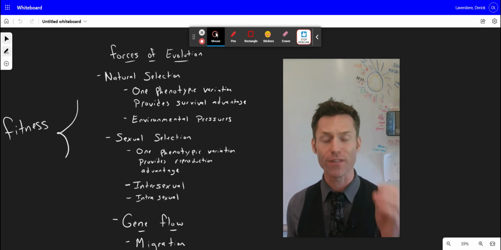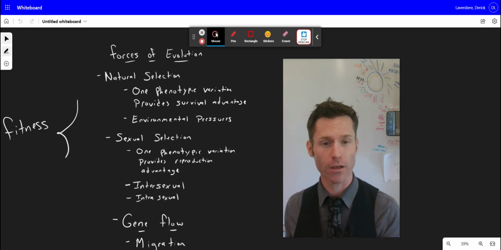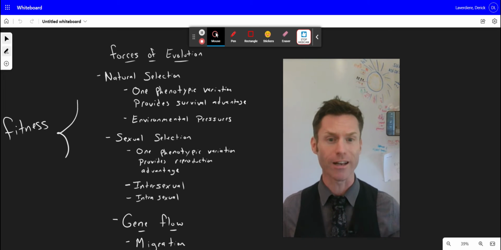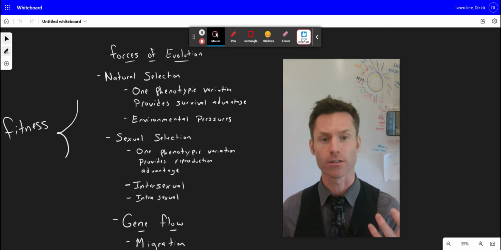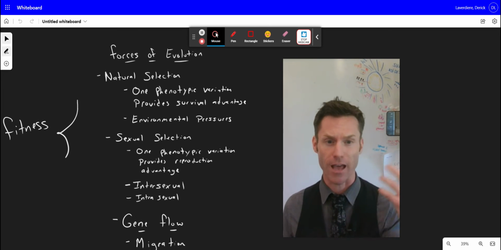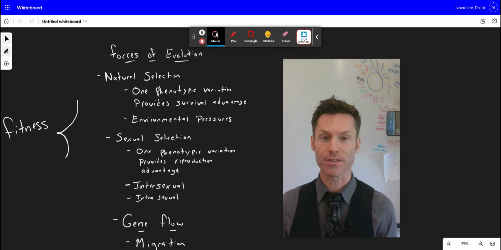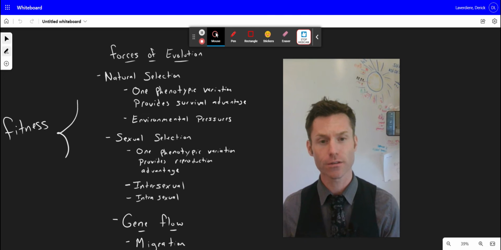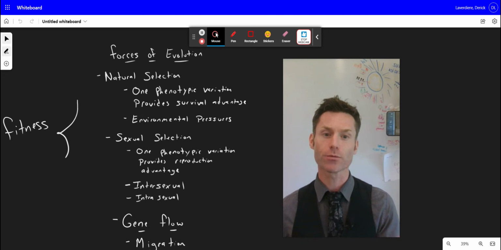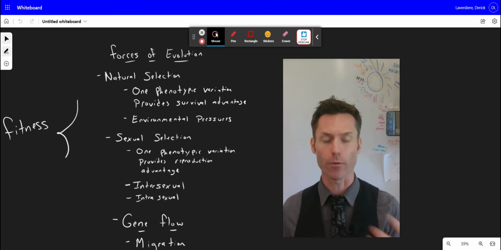Very important that it's phenotypic, not genotypic, because the environment cannot interact with genotypes. It has to interact with phenotypes, because that's the actual presentation of the trait. Right? And so this is driven by specific environmental pressures, and those environmental pressures will favor one phenotype over another.